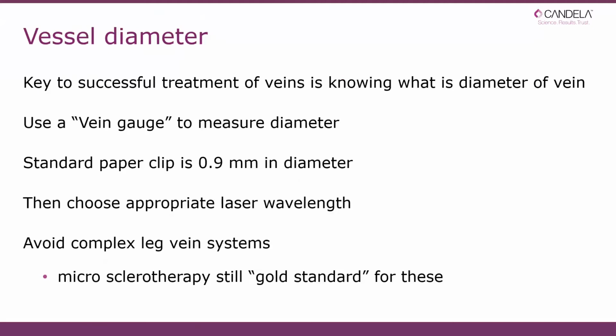If you lose it, which very commonly happens, it's just the size of a small credit card. A standard paperclip is 0.9 millimeters in diameter. So it gives you a very good visual reference if you've lost your vein gauge as to what size your vessel is.